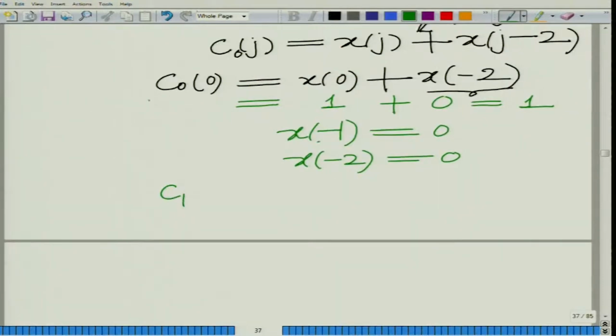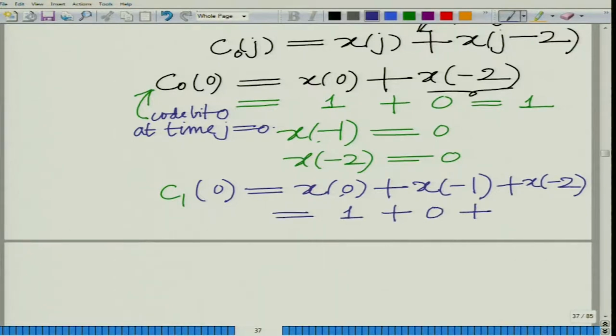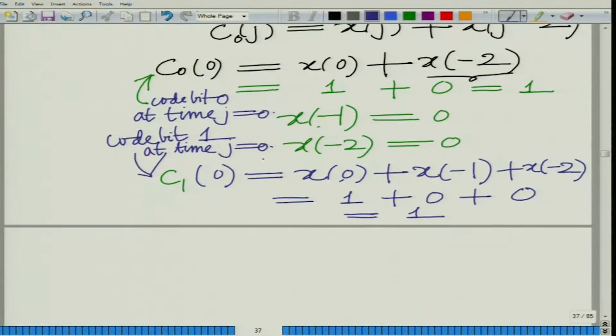Similarly C1 of 0, which is code bit 1 at time j equal to 0, is x of 0 plus x of minus 1 plus x of minus 2, which is 1 plus 0 plus 0, equal to 1.